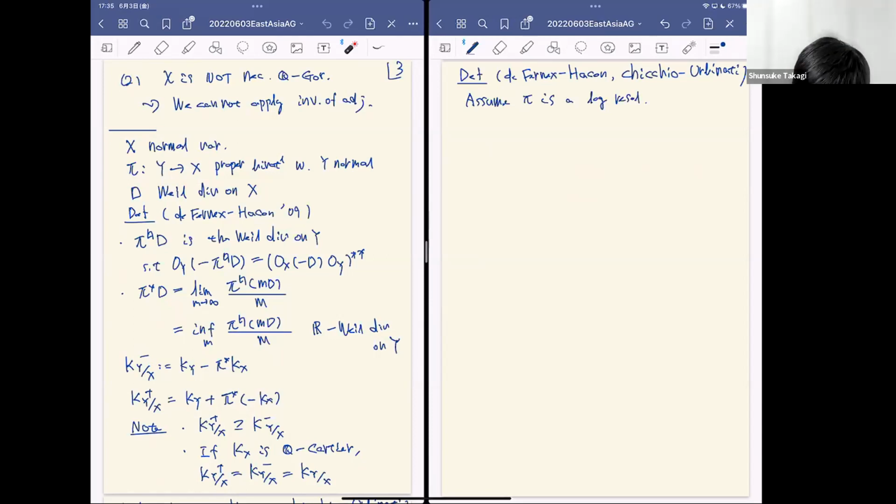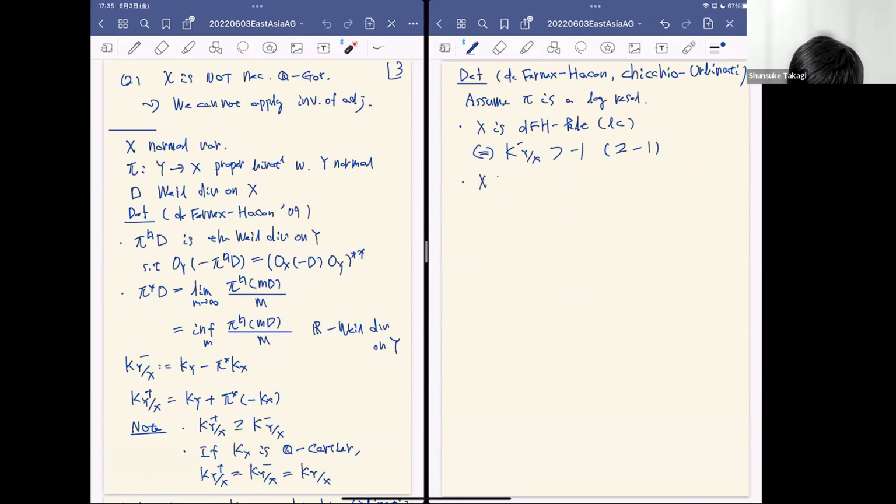Then we say X is Dufresne-Heycon KLT or Dufresne-Heycon log canonical if the coefficients of K minus are greater than -1 or greater than or equal to -1. This is the definition of Dufresne-Heycon KLT or log canonical singularity.